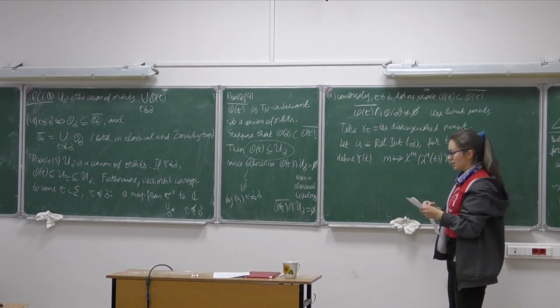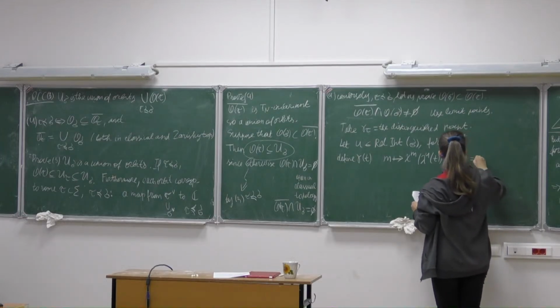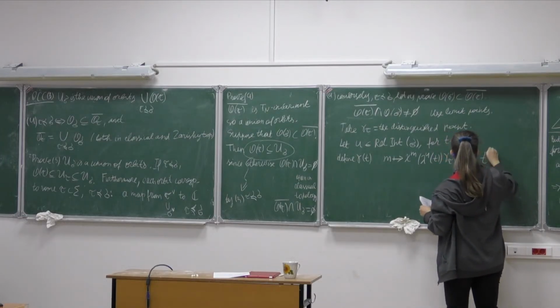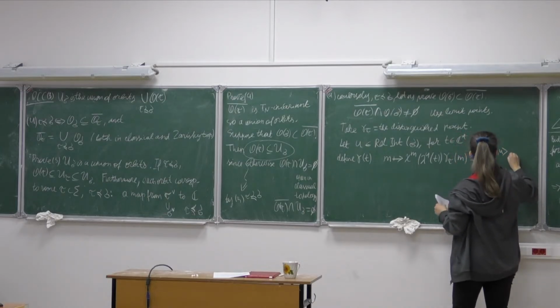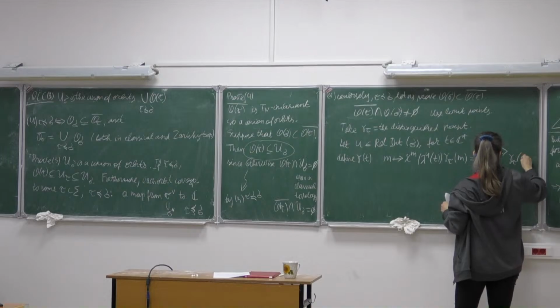Okay, and this is in fact t to the power of the pairing of u and m, times gamma tau of m.